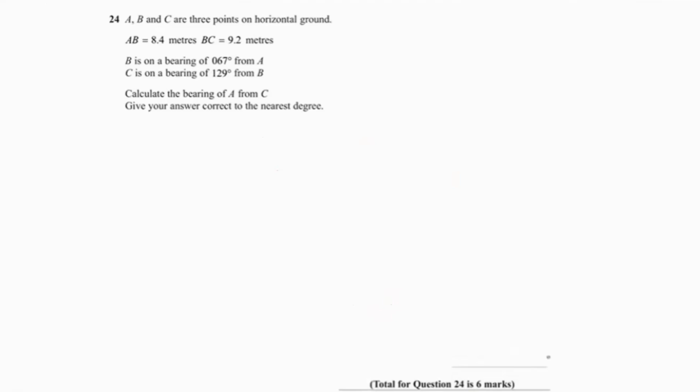So let's begin with drawing the diagram first. B is on a bearing of 67 from A. So if A is over here, B is over here in the first quadrant. This is 67.